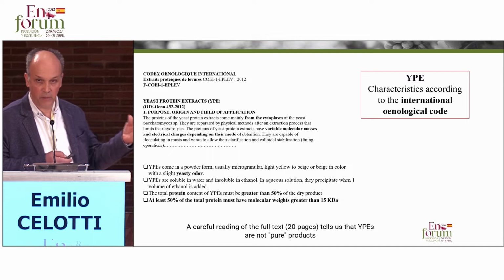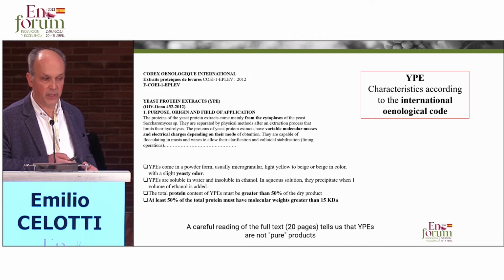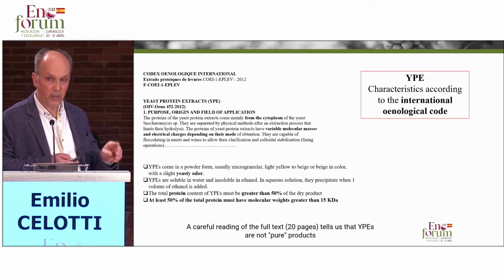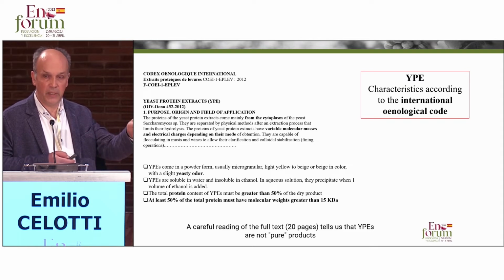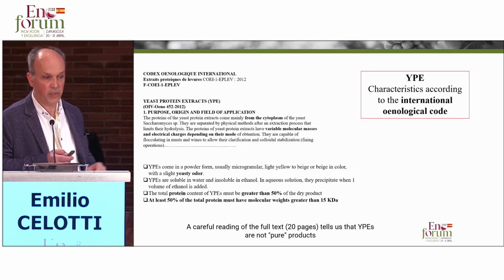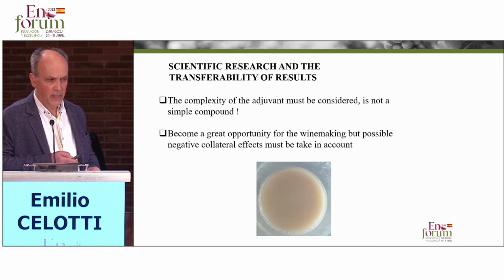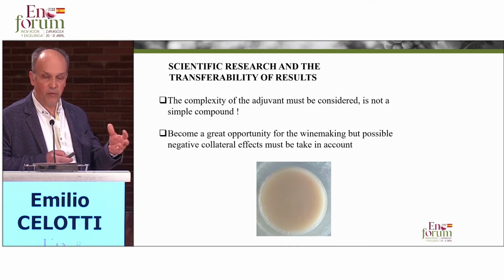If we read attentively this code, we see that it's not a pure product as the animal gelatin that was the initial reference benchmark. It's not a pure product, so we have to treat it in a different way. Considering the objective of eliminating polyphenols or astringent substances, they're different things and they don't always coincide much.